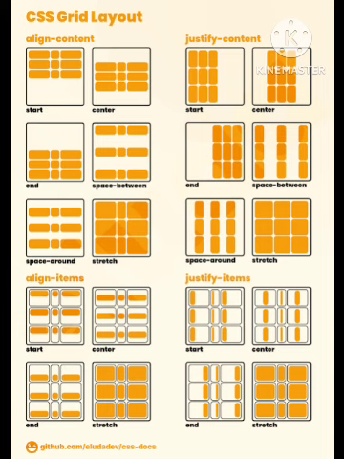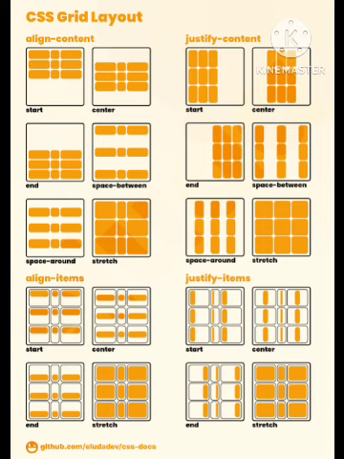How can we achieve this design? In this case we will be using grid template areas. As I defined, grid template columns 200 pixel 1FR, which means the first column will be 200 pixel and the second column will be 1FR, the remaining space. Grid template rows 70 pixel 1FR 60 pixel.